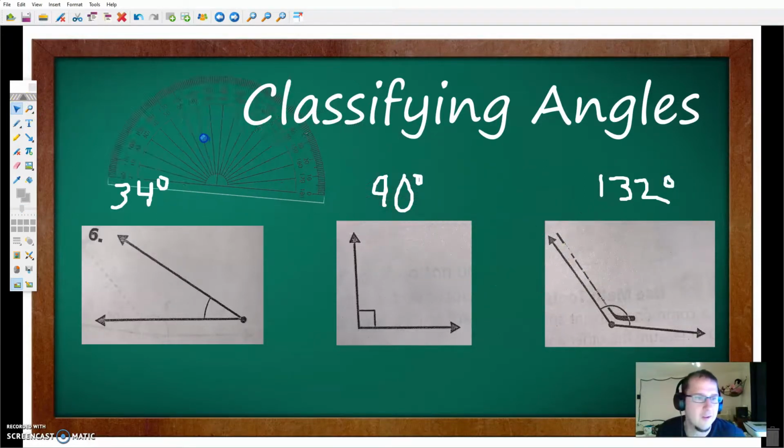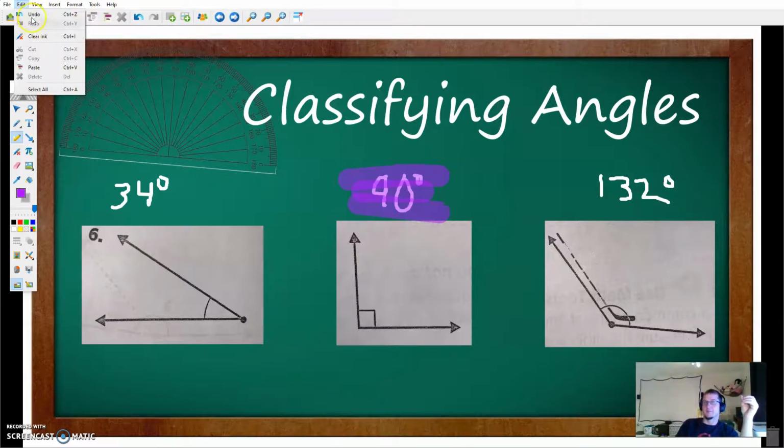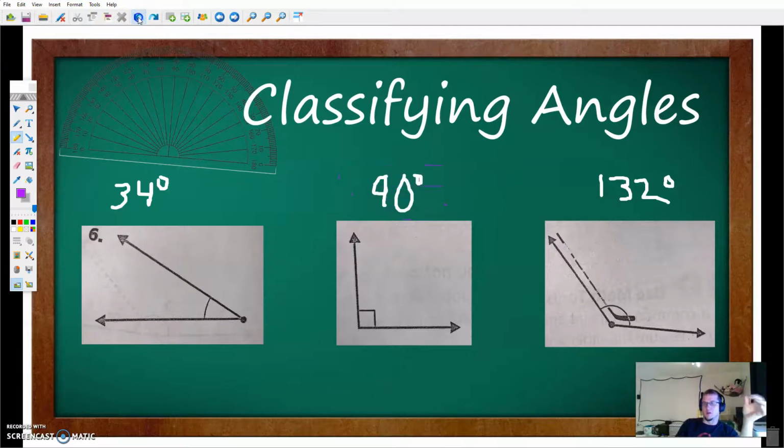Now, one of these angles that you should already be familiar with because of defining squares and rectangles is this one right here in the middle. You should be familiar with that 90 degrees. 90 degrees is what the corners are for a square and rectangle.